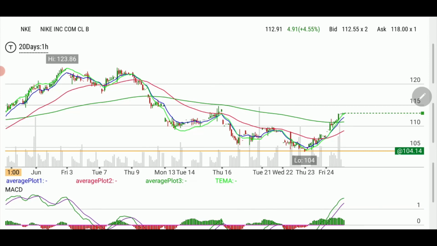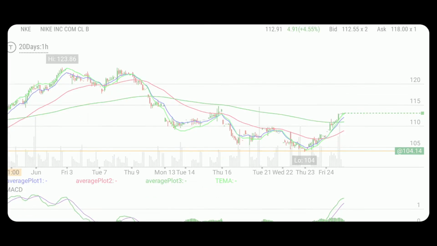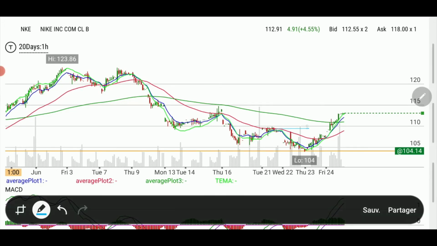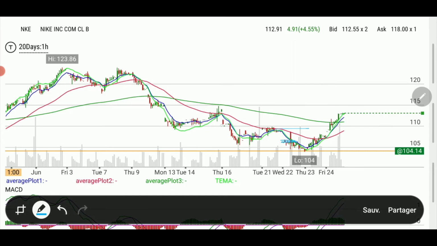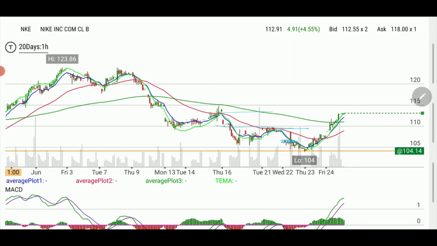It's the same line. So I was under the impression that we were on support, on that long time support. It used to be a resistance, and now it will act as support. And then we found that we had gaps just above, not far above. So as soon as we would enter this, it would gap up with good potential.